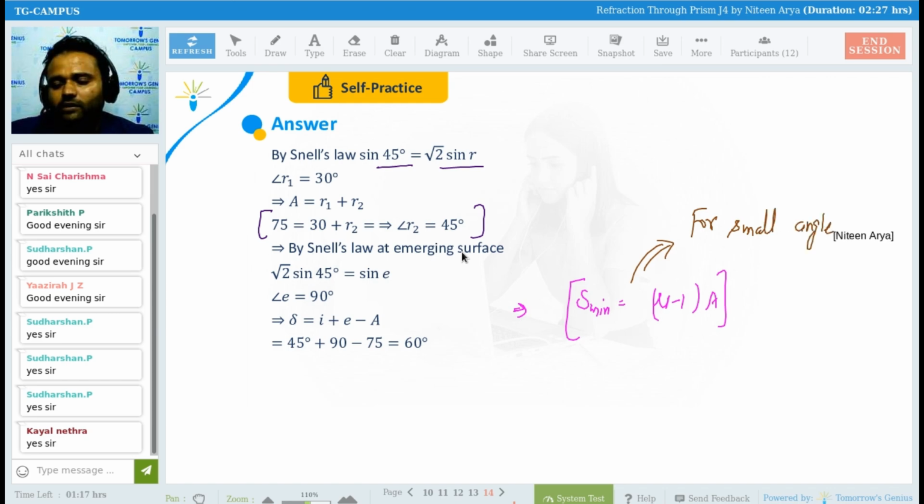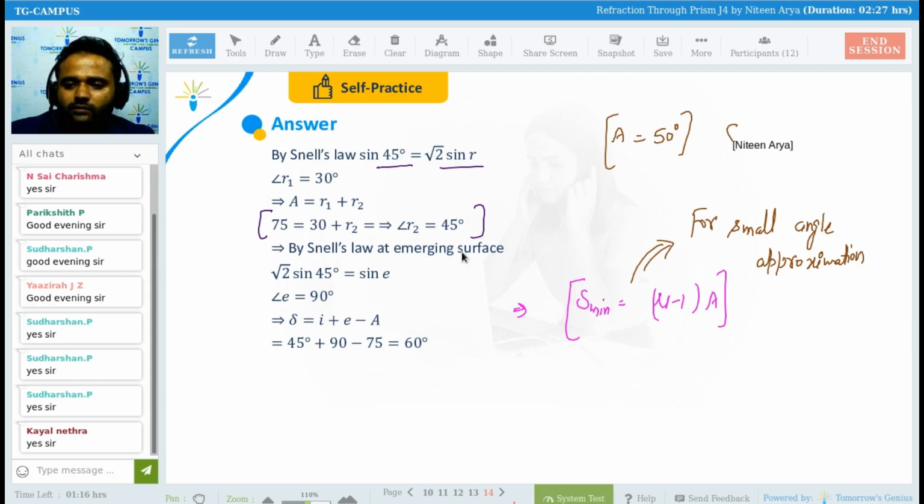For small angle approximation, if this delta min is given and A is given, suppose A is 5 degree and the angle of minimum deviation is given as x degree.